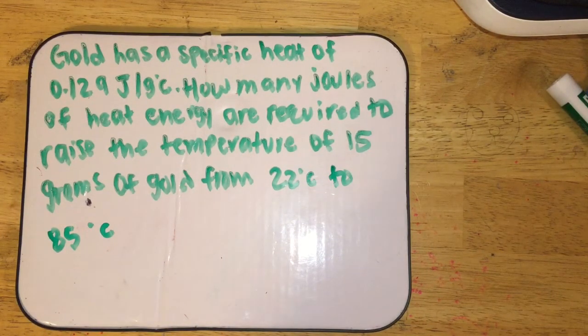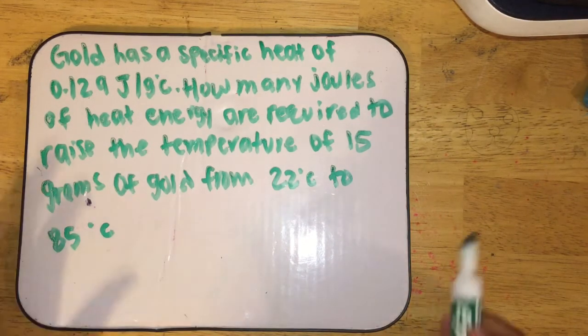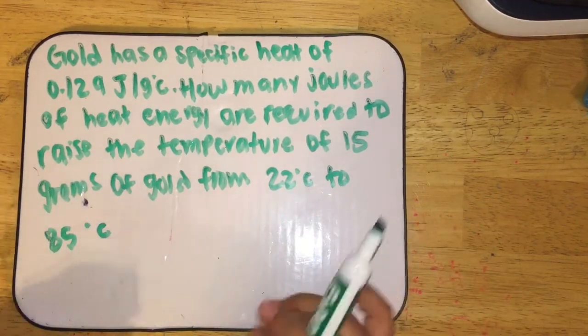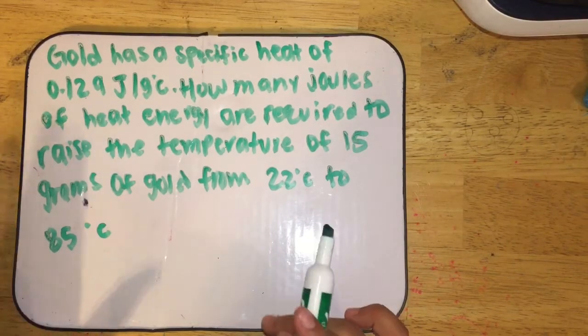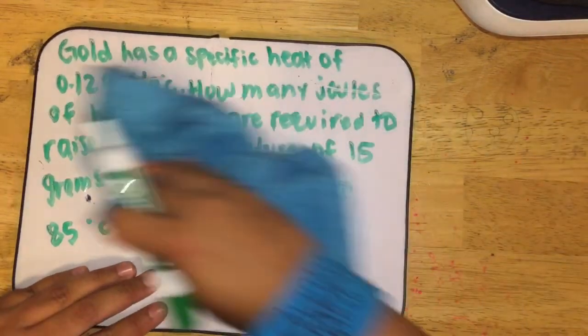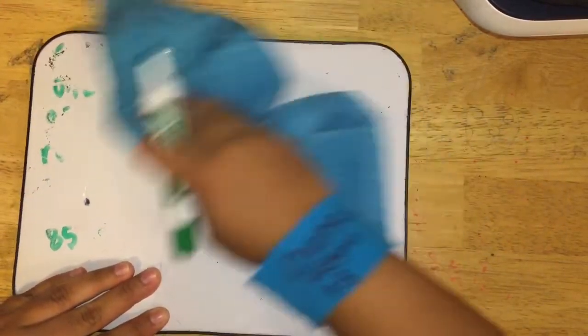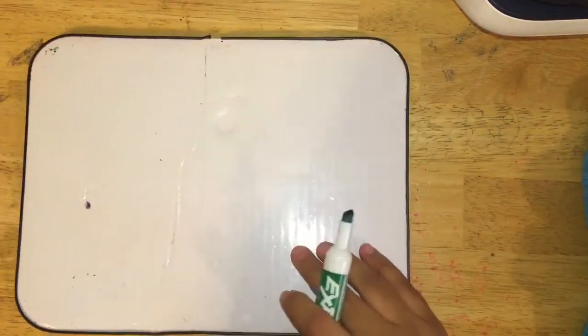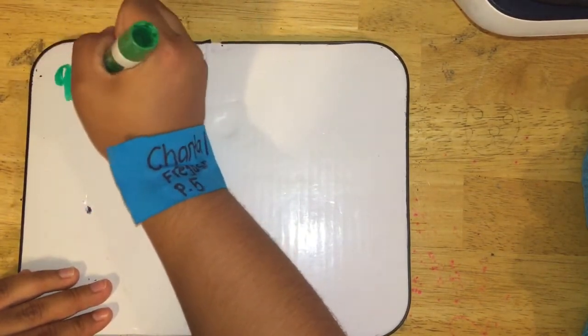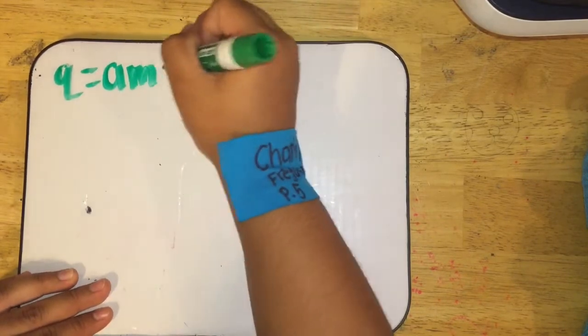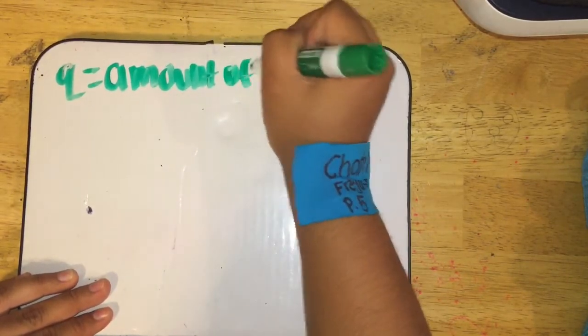Okay, so let's first start off by identifying our variables and units. So if we read it, we have variables, right? Okay, so now let's see what we need to find in this question. So Q is equal to amount of heat.